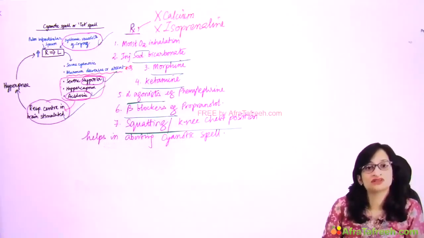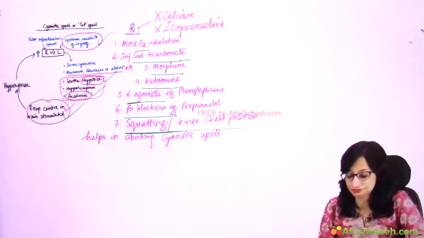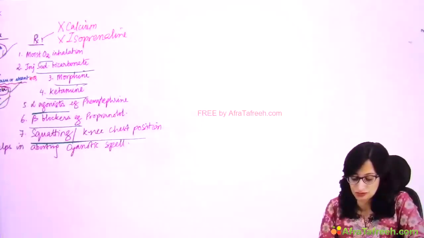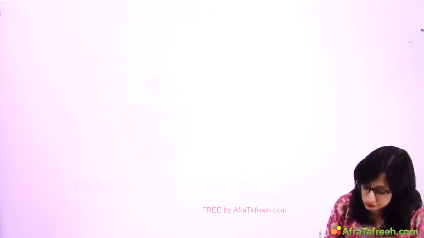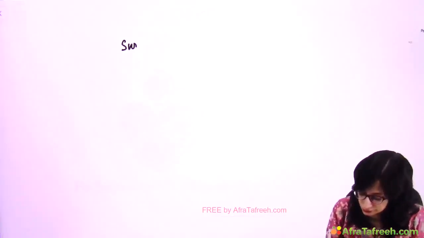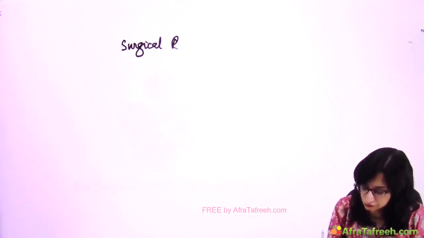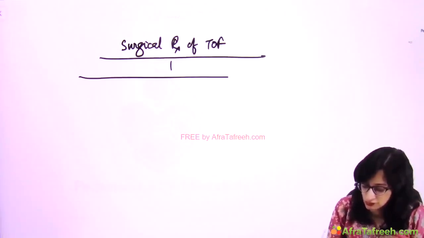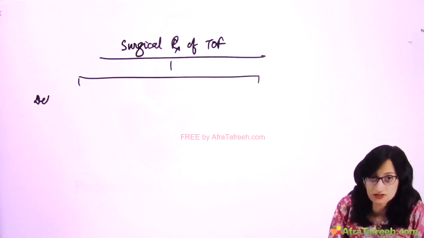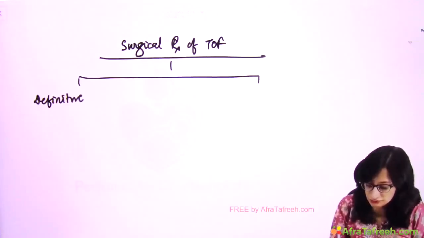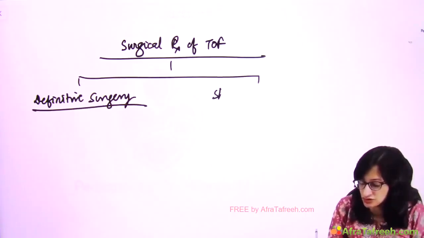Now coming to the surgical treatment of TOF. Surgical treatment of tetralogy of Fallot. So one is the definitive surgery and another refers to some shunt surgeries.